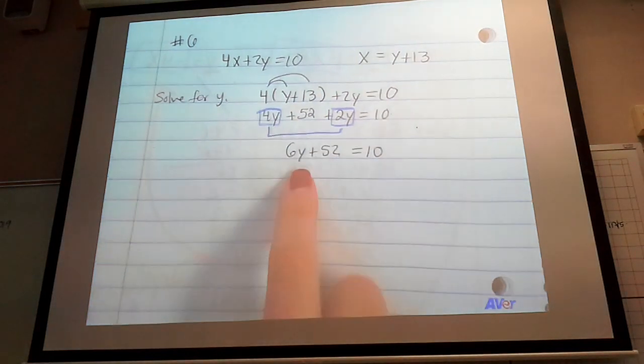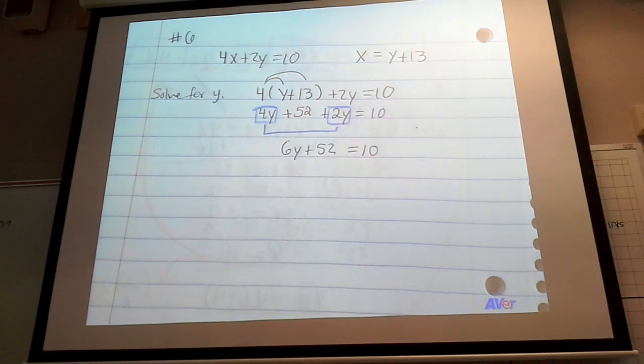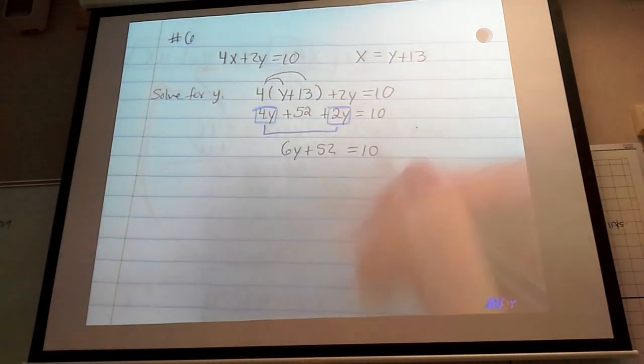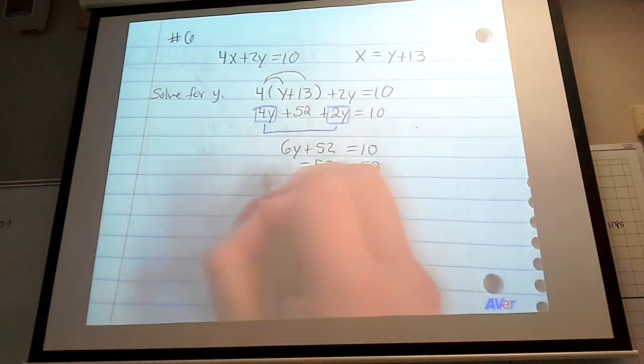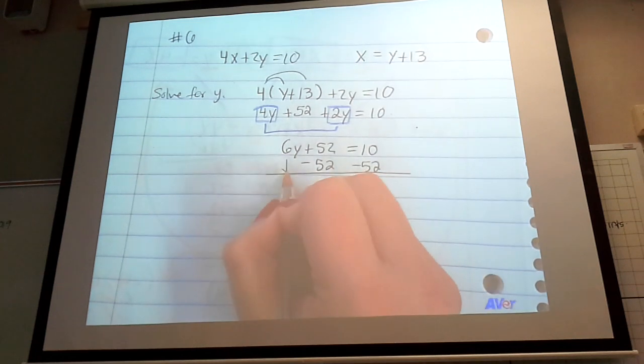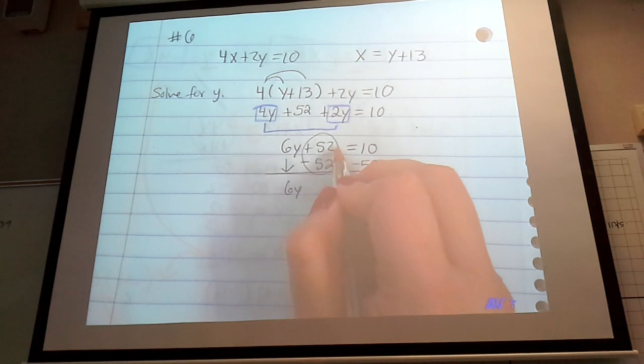Almost done. The next step I have to do is subtract 52 from both sides. Again, I'm using my additive inverse or subtraction property of equality. So if I subtract 52 from both sides, bring this down, I didn't do anything to it. This becomes 0.